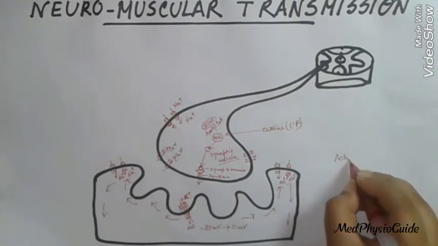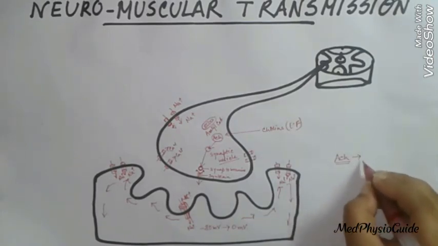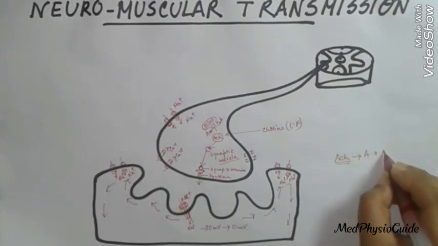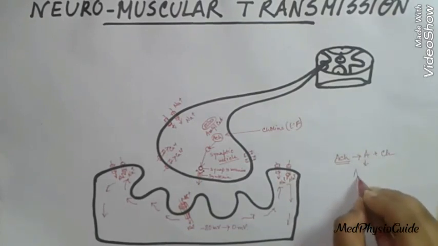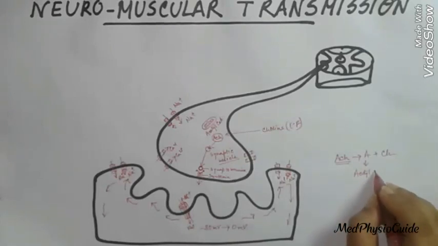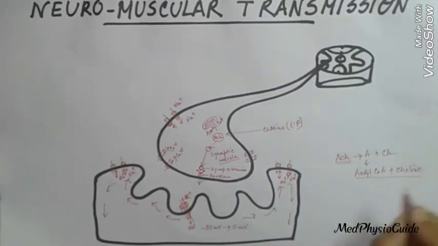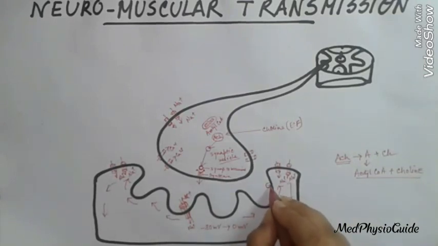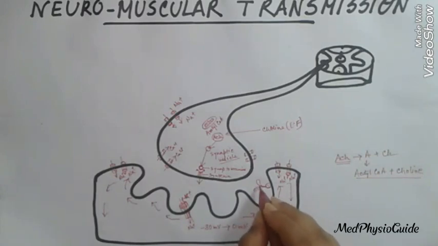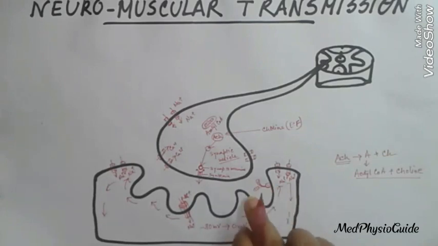Okay, so now what happens? The acetylcholine breaks up after its work is done and forms acetyl-CoA plus choline. Okay, now the acetylcholinesterase breaks the acetylcholine into acetate and choline.